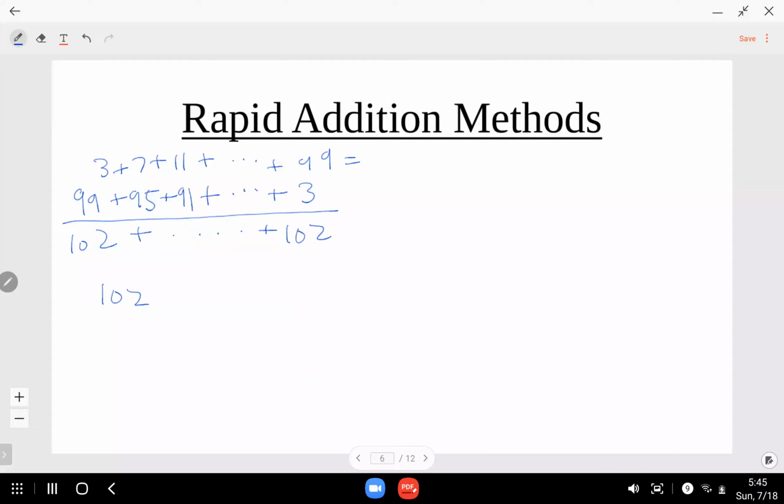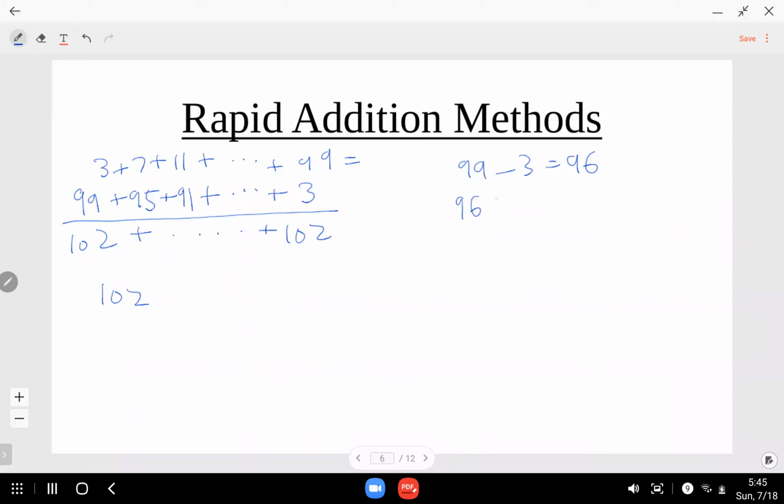So you can't really count like that. So 99 minus 3 first, that's 96. And then divide by 4, because we're increasing by 4 every time.